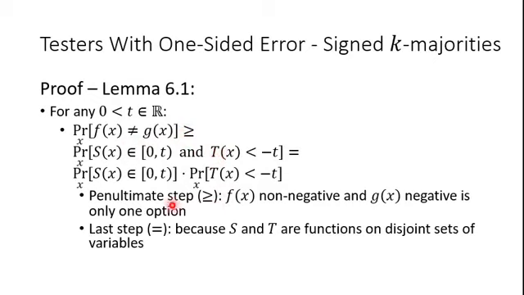So we can see the explanation here. f(x) is, in this case, non-negative. Remember, f(x) is the sign of s(x), so it is non-negative in this case. And g(x), which is the sum of t(x) and s(x), will be tipped to the negative because t(x) is less than minus t.